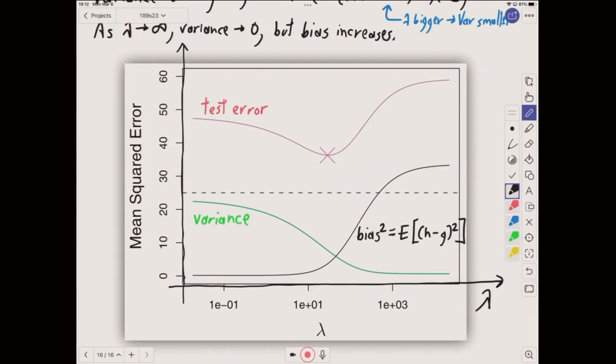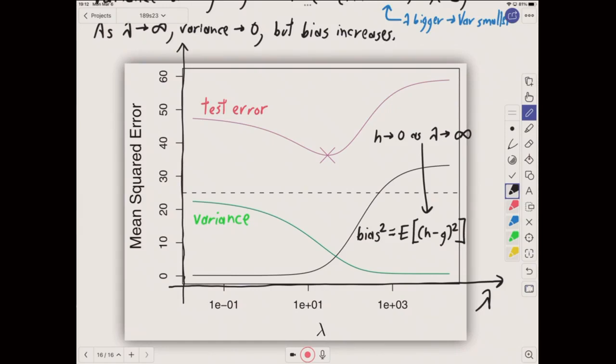And in the limit as lambda goes to infinity, so as lambda is going all the way to the right, the variance goes to 0, as I already told you. But if you crank it up too much, then the solution itself is 0. So our hypothesis becomes 0 in the limit as lambda goes to infinity.